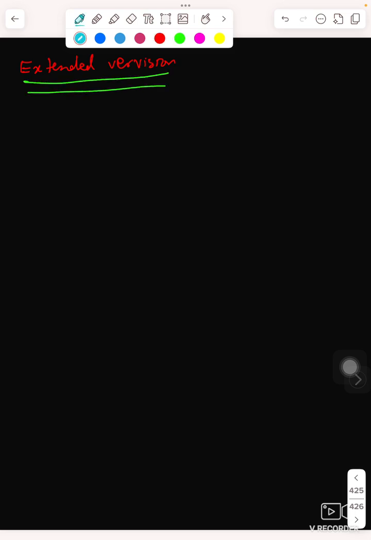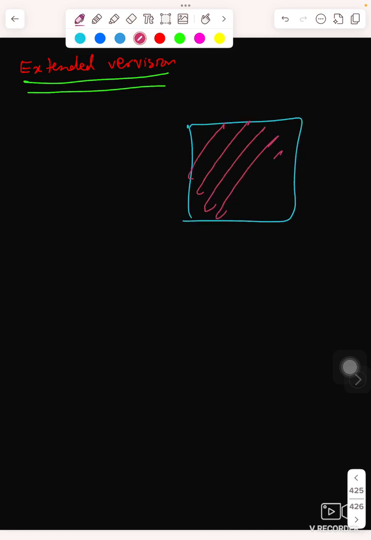The extended version is, let's get practical. Here we have this room which is blocked from outside. No view of the inside.